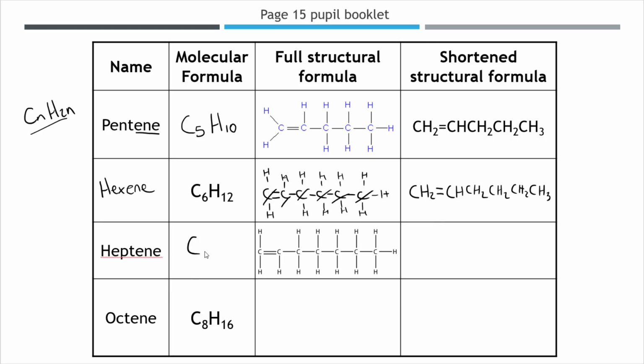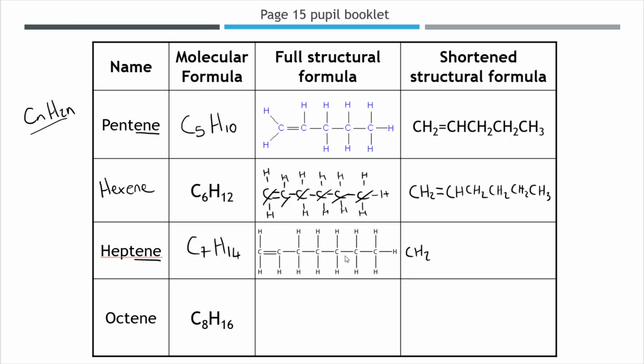Heptene, well, hept means that we've got 7 carbons. I know that it is an alkene, must be CnH2n, so it's C7H14. There's the full structure.